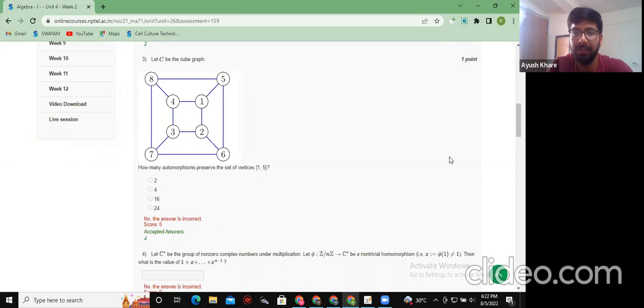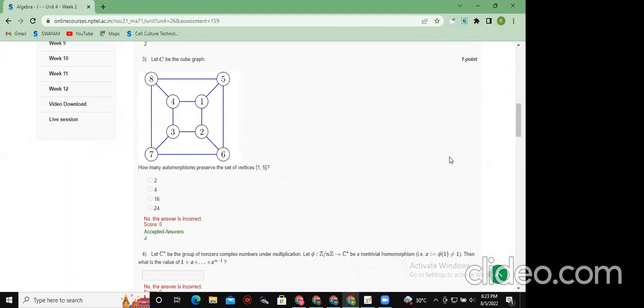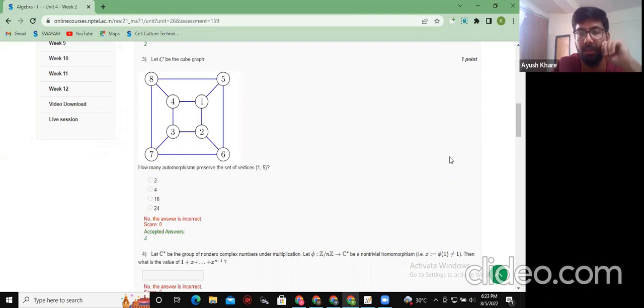So, anyone has any guesses? You want to comment anything? Any hint? Yes, we can use the property of homomorphism, like it preserves the operation. What else can we do?